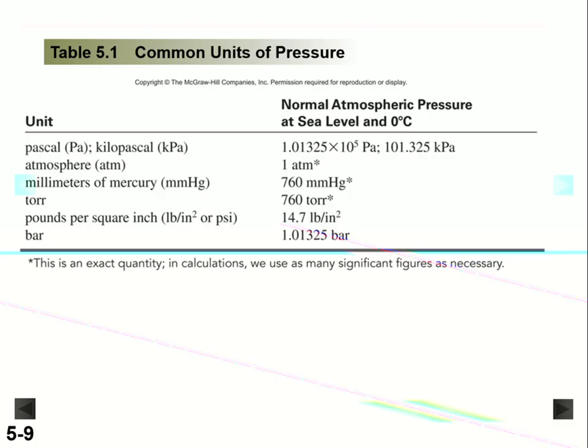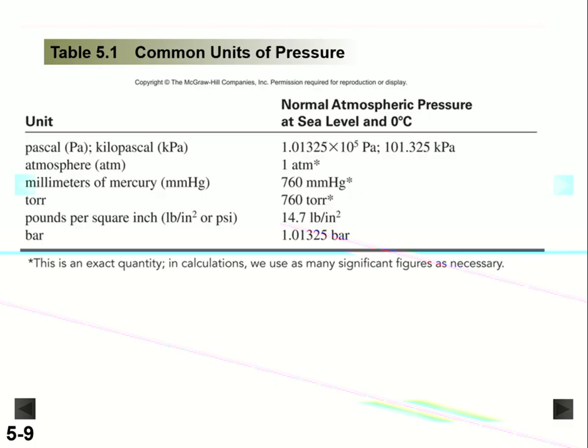Here now are common units of pressure that we will use. The first four and the last one are very commonly used. Pounds per square inch, or PSI, is not used very commonly anymore.